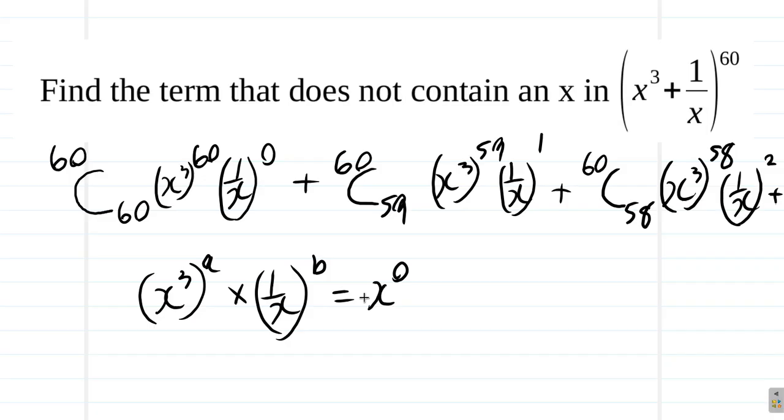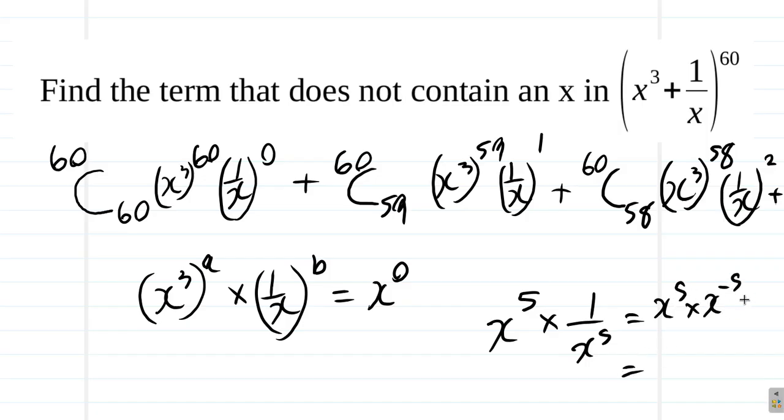Now, we have to figure out what that could possibly be. Now, if we have, for example, x to the 5 times 1 over x to the 5, that will be the same as x to the 5 times x to the negative 5. x to the 5 minus 5 equals x to the 0.